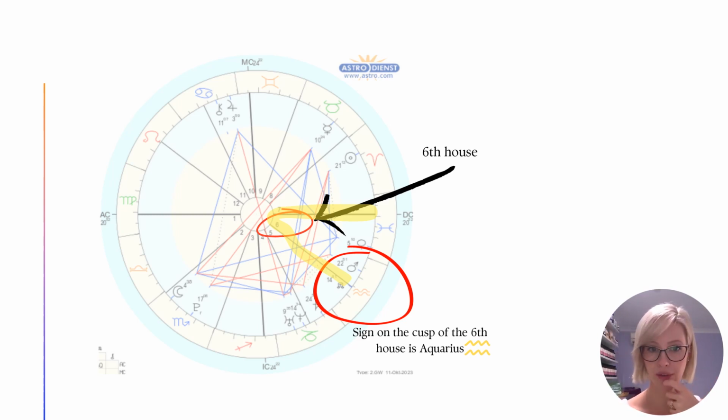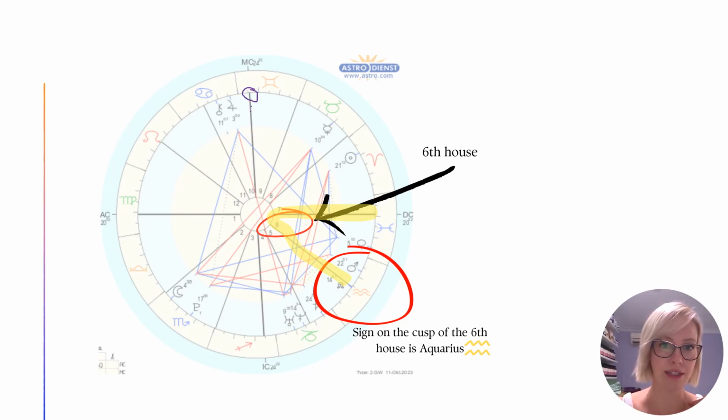So let's do another example in this chart. The 10th house, right at the top there. The line that demarcates between the 9th and the 10th house, what sign is at the end of that? It's Gemini. Let me draw that in for you. I'll use purple. So we're looking here at the end of this line.